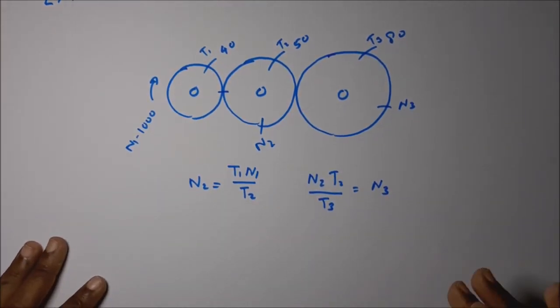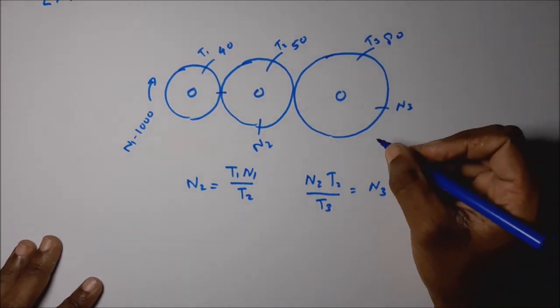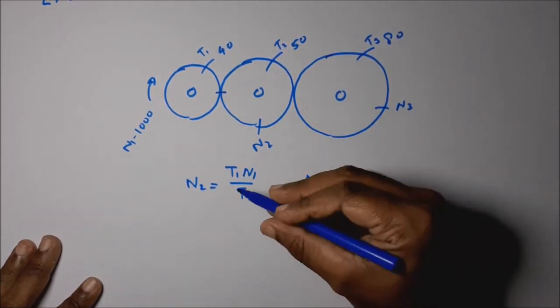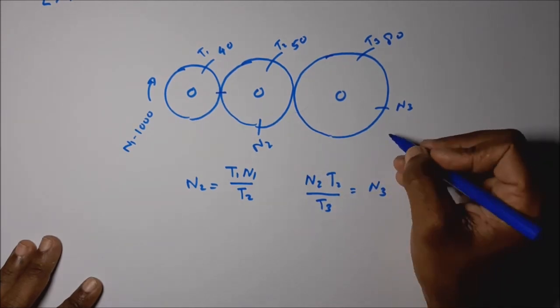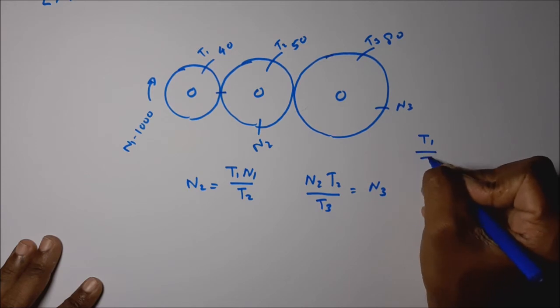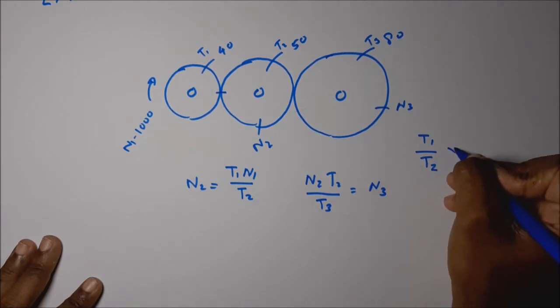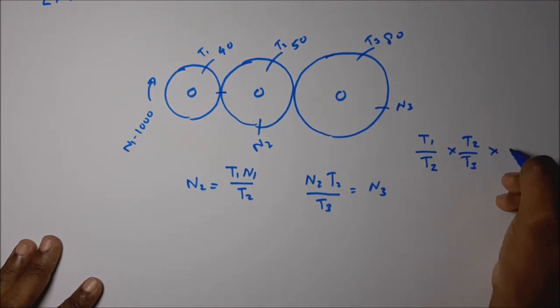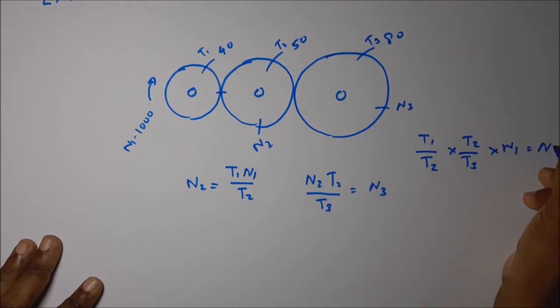We also obtained this relationship previously, so we can substitute it here: T1 into T2, T2 into T3, into N1 is equal to N3.